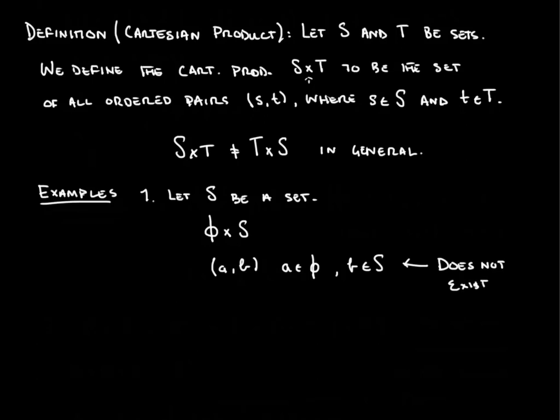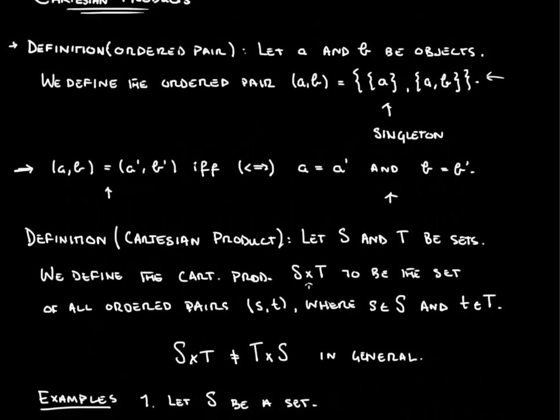So this is why we're going to consider both cases, when the empty set is on the left or the right, in both cases, it is the empty set because we're not able to form an ordered pair. Even in our definition, we start with two objects.